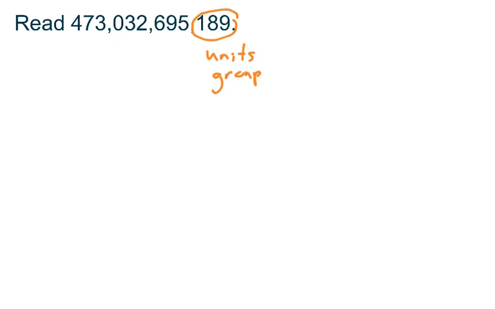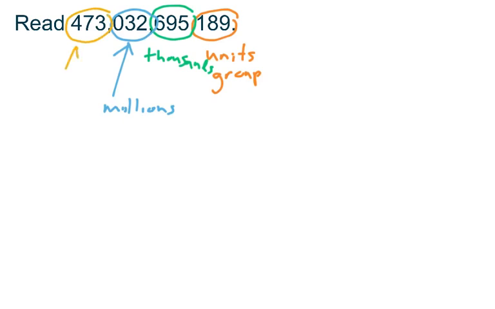I'm going to refer to this group as the thousands group, this group as the millions group, and finally this group as the billions group. And you can go on to the trillions and the quadrillions and as far as you need to go.